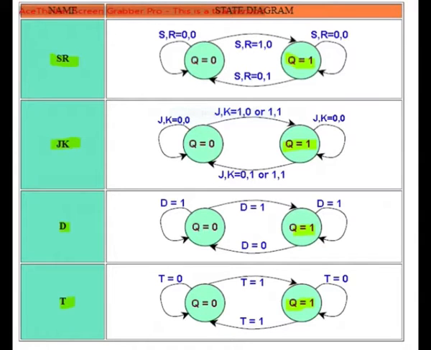Meanwhile, the flip-flops will be in the reset state when Q is equal to 0. This can be seen from the SR, JK, D, and T flip-flops.